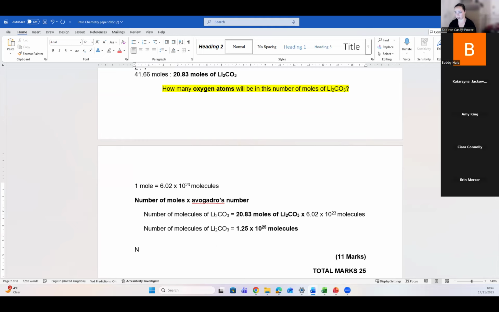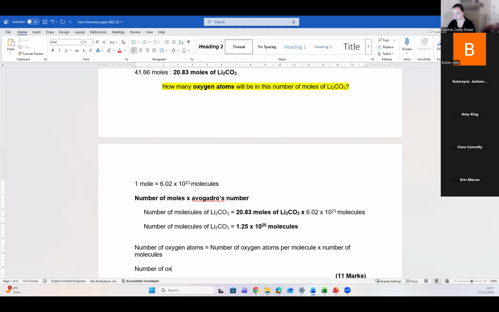So I'm going to say the number of oxygen atoms is the number of oxygen atoms per molecule multiplied by the number of molecules. Which makes sense, because if I had 1 molecule of lithium carbonate, I would have a certain amount. But I don't have 1 molecule, I have 1.25 by 10 to the power 25 molecules. So I need to multiply them together.